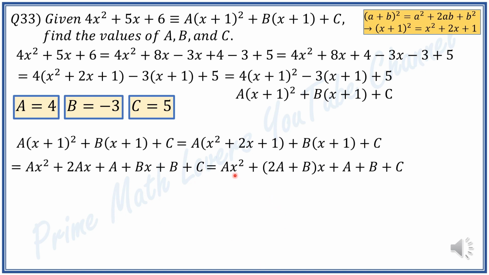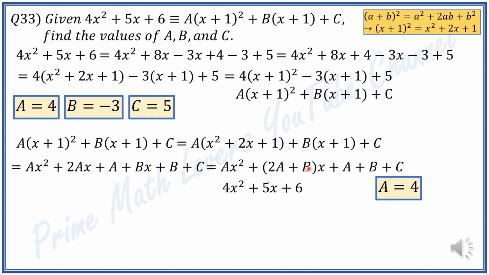Comparing the coefficients of the expanded expression with the coefficients of the given quadratic expression, 4x squared plus 5x plus 6, the coefficient of x squared here is a, and the coefficient of x squared in our quadratic expression is 4. Therefore, we can conclude that a is equal to 4.